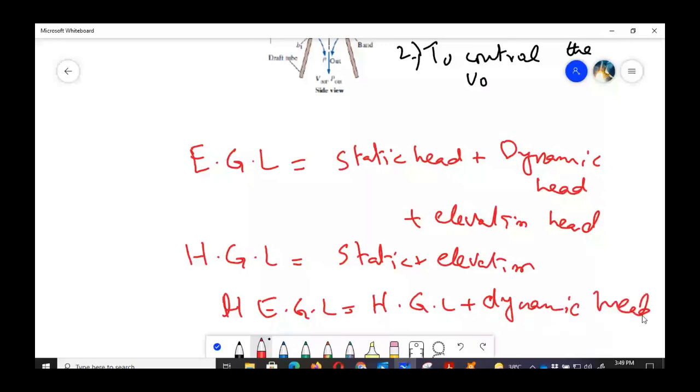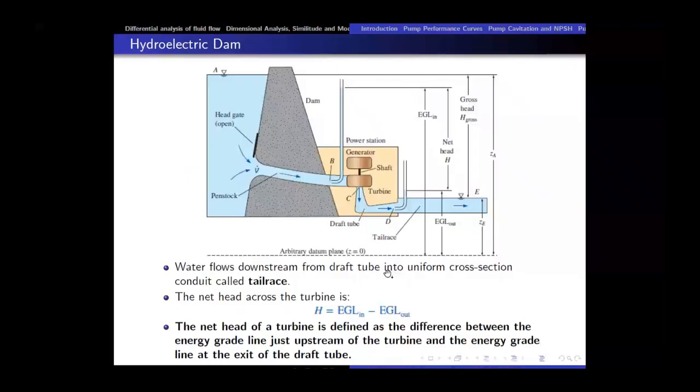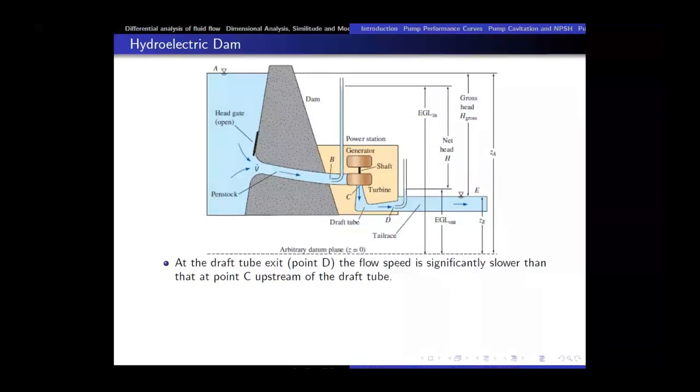So at the draft tube exit point D, the flow speed is significantly slower. Why is that? Because it has a diffuser type arrangement. So all the remaining kinetic energy leaves into this tail race, where it is going to be dissipated.